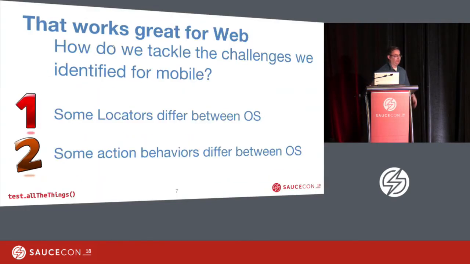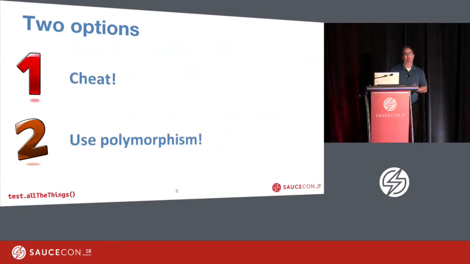But how do we get back to our two mobile concerns, right? Locators might be different and behavior might be different. So we have two methods that I'm going to go through pretty quickly. The first method that I'm going to touch on is to essentially cheat. I'm going to call this cheating, and I'll explain why. If you feel like taking the cheating method, by all means, power to you. Just know what you're getting yourself into and the concerns that you might need to overcome.